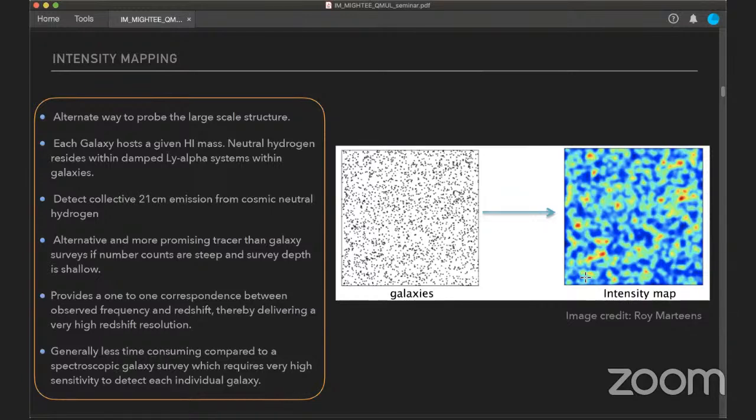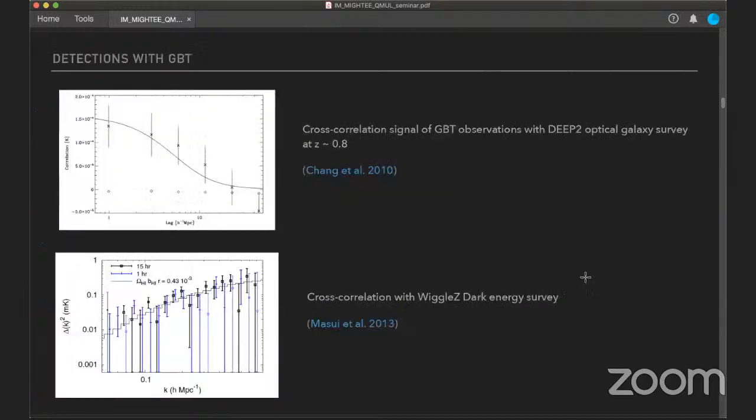And this type of survey is generally less time consuming compared to a spectroscopic galaxy survey, which requires very high sensitivity to detect each individual galaxy. So far, there have been two reported detections of H1 with intensity mapping experiments, and both of them were from the GBT telescope.